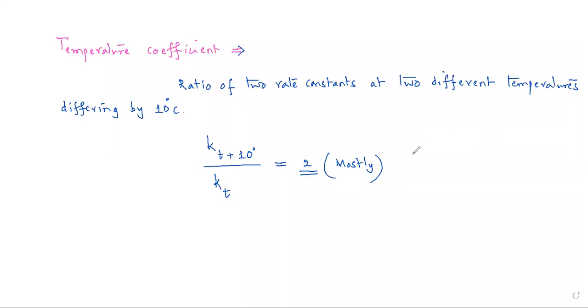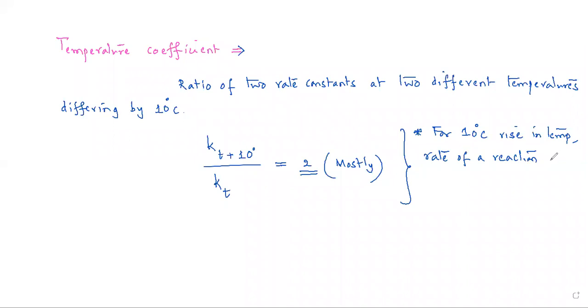That means, see, the same thing can be given as, for every 10 degrees centigrade rise in temperature, rate of a reaction, or you can say rate constant, is almost doubled.